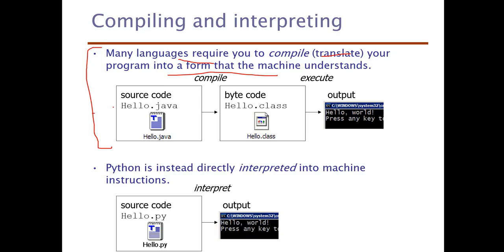We have three stages: source, bytecode, and output, as we can see in this diagram. Like Java: hello.java is the source file, which is converted into bytecode known as hello.class, and then we get some output. This is like an executable file.